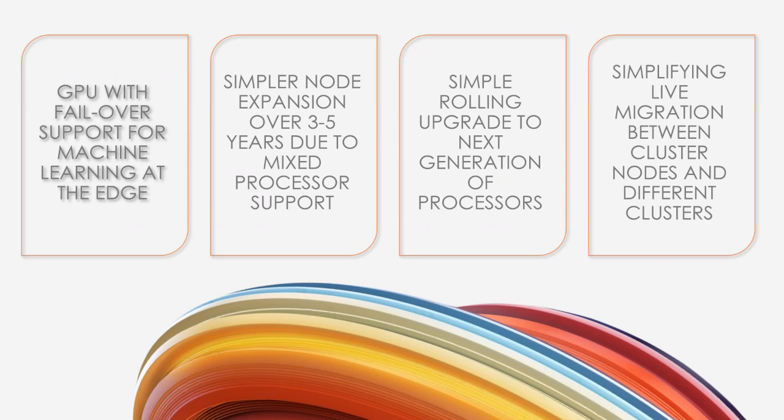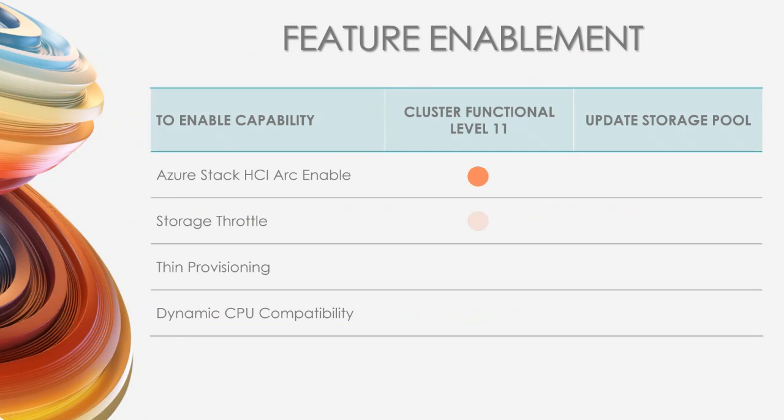A side note here as well, in terms of feature enablement, and it's one to really keep your eye on. When updating to Azure Stack HCI 21H2, some features require the cluster functional level to be raised to 11. The same for updating the storage pool version. The list in front of you covers the primary areas.